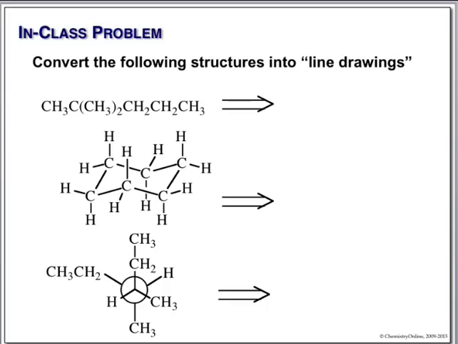For our first guy here, we have a condensed structure. When you have a branch on a condensed structure, you show the branch in parentheses. So the first thing that you want to do when you're converting from this to a line drawing is to figure out how many carbons you have in your basic structure.